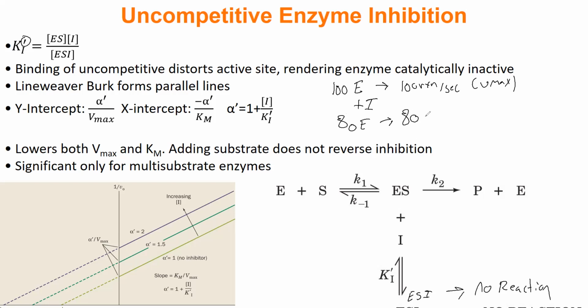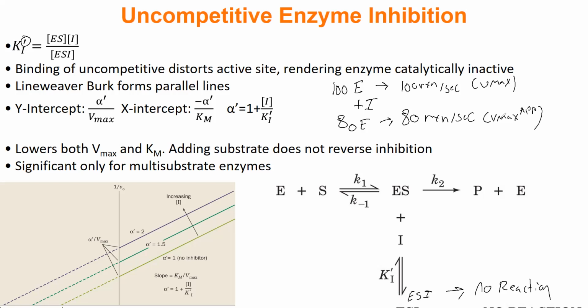So now my Vmax apparent is 80 reactions per second, because now I only have 80 enzymes that are working. So that's why Vmax lowers.